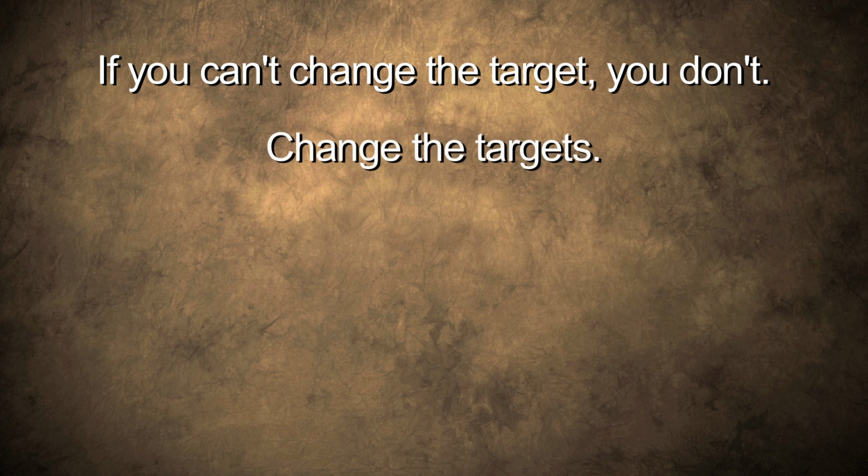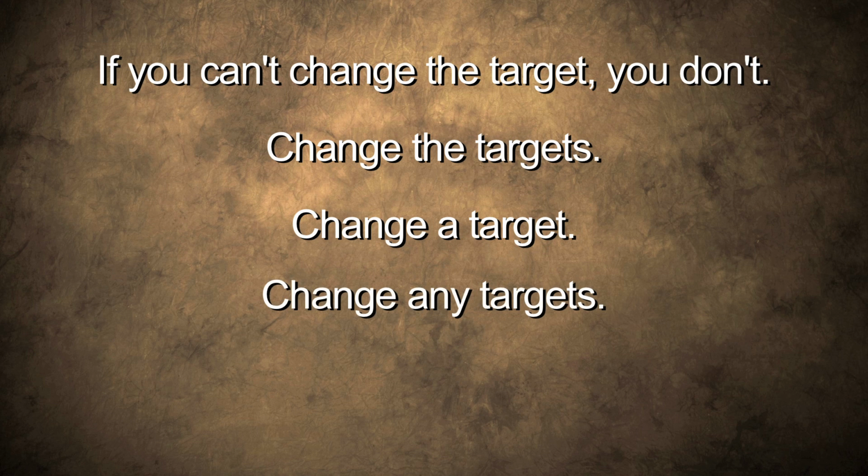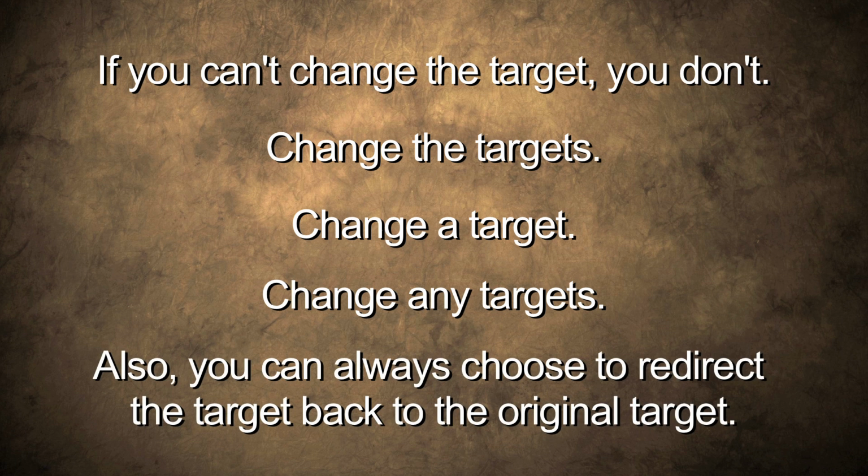Next you have change the targets, and what that'll do is it'll change all of the targets or none of them. Then we have change a target, which will change one of the targets selected. And finally, change any targets. And what that'll do is change any number of the targets ranging from none of them to all of them and everything in between. One last thing worth covering is that you can always choose to redirect the target to the same thing it was originally targeting if you want to for whatever reason.